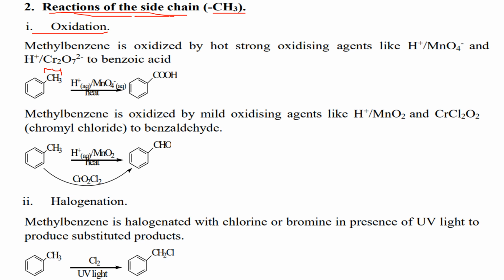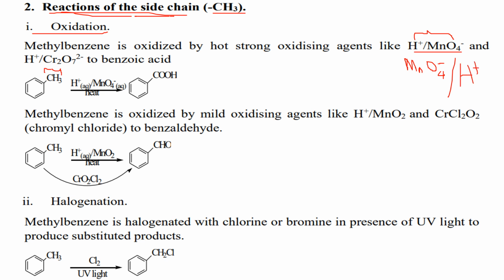So methylbenzene is oxidized by hot, strong oxidizing agents, for example, acidified manganese 7. Now I said in the previous video that I wrote acidified manganese 7 using this arrangement, but make sure you alter this arrangement. The acid ion must come last. So it should be manganese 7 stroked with the acid ion.